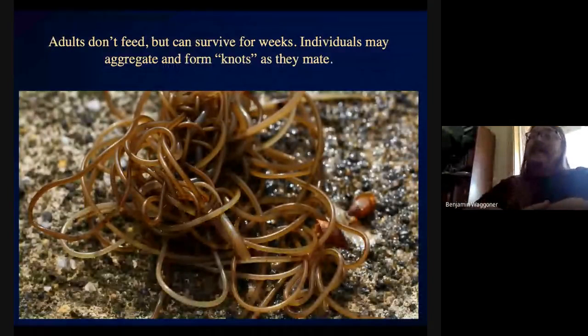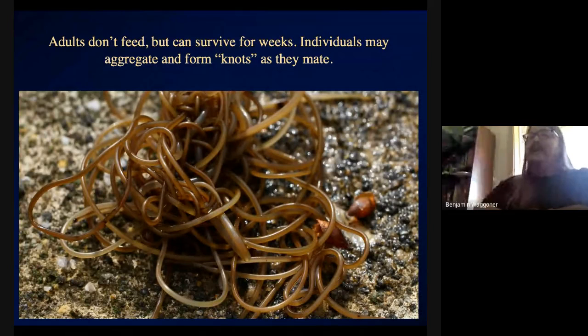As they mate, individuals can aggregate and form these knots. So there you've got a knot of horsehair worms. The name of this group, the Gordioidea, you might know that in Greek legend, there was a city whose gates were protected by an extremely complex knot. And there was a prophecy that whoever could untie the Gordian knot would become the city's ruler.